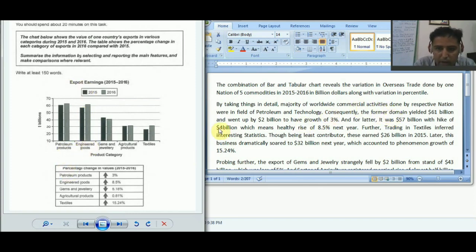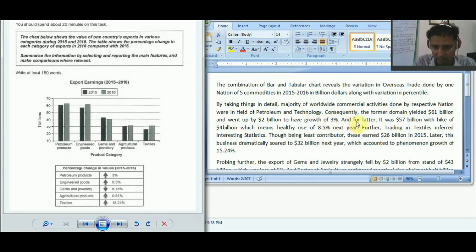Consequently, the former domain, in this case petroleum, yielded $61 billion and went up by $2 billion to have growth of 3%. So here it is given, and I have explained both things together.